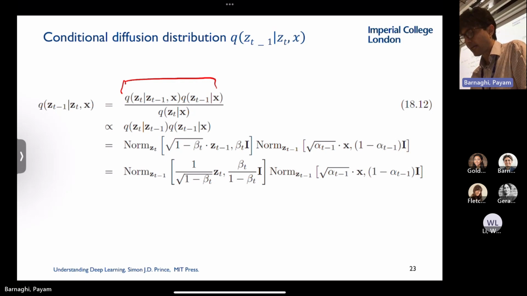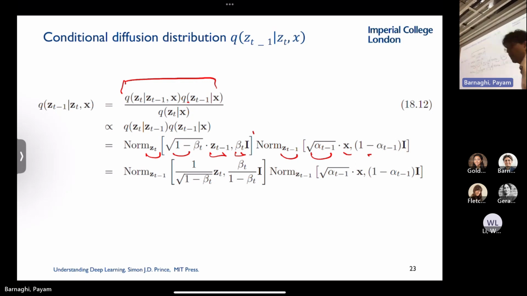And if you just plug these values in, ZT is just a normal distribution of square root of 1 minus beta times ZT-1, with variance beta T at that point, and then multiplied by a normal distribution of now ZT-1, which becomes, basically, you're now using the alphas.